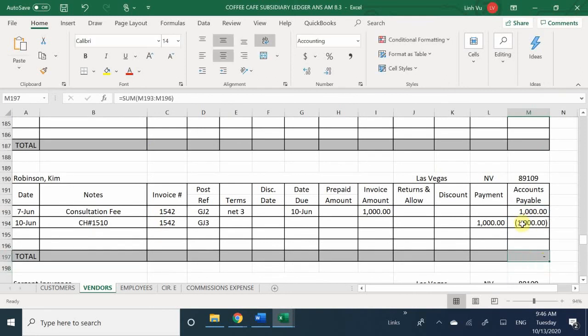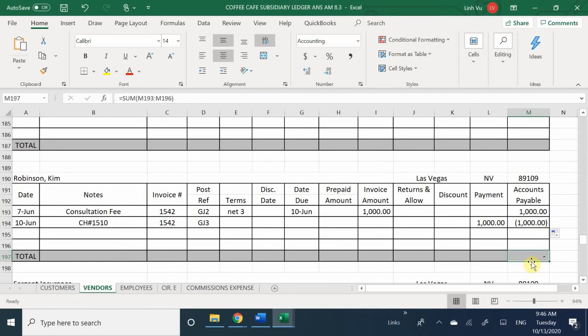Okay? So if you guys remember from before, I originally had $1,000. I owe Kim Robinson $1,000. Now, with my payment that I placed here, and I'll pull the formula down, I now owe Kim Robinson nothing.